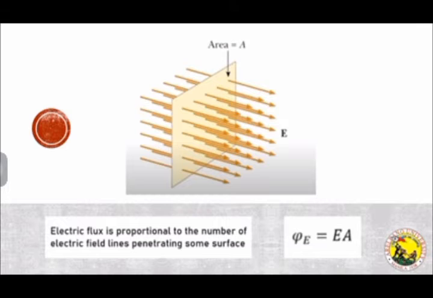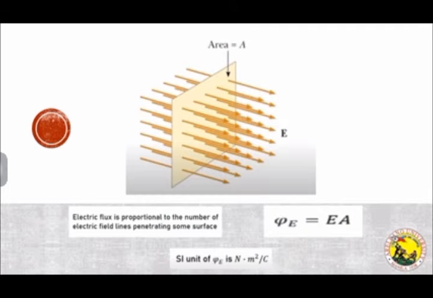The SI unit of electric field and area gives the SI unit of electric flux, which is newton meter squared per coulomb.